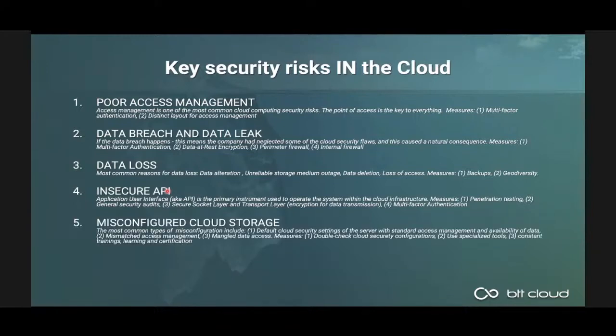Fifth one, misconfigured cloud storage or cloud resources. Misconfiguration, lack of knowledge, or lack of configuration of cloud services is usually very important, because we miss some configurations, and thus we create vulnerabilities that hackers can use to hack into our systems that are running in the cloud.